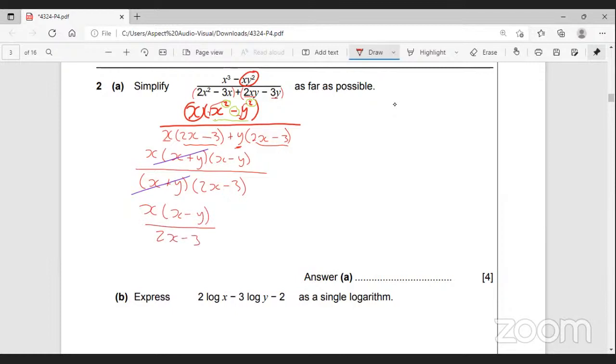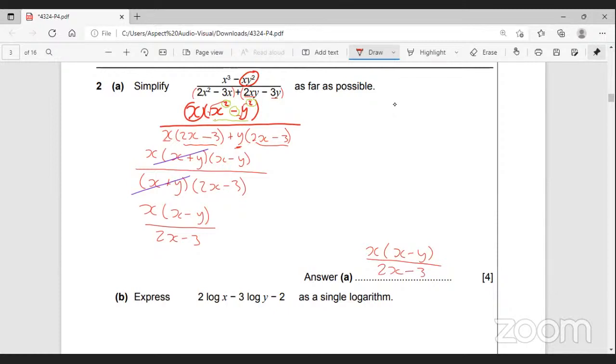So that is basically it. Therefore, you are having your x minus y over 2x minus 3.